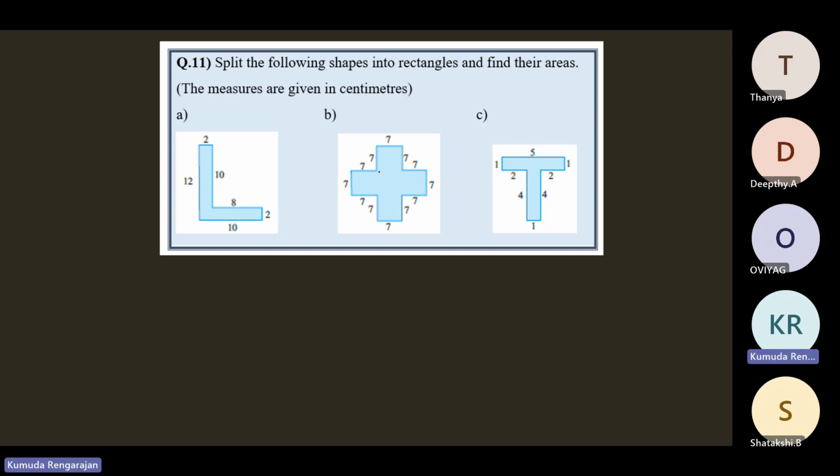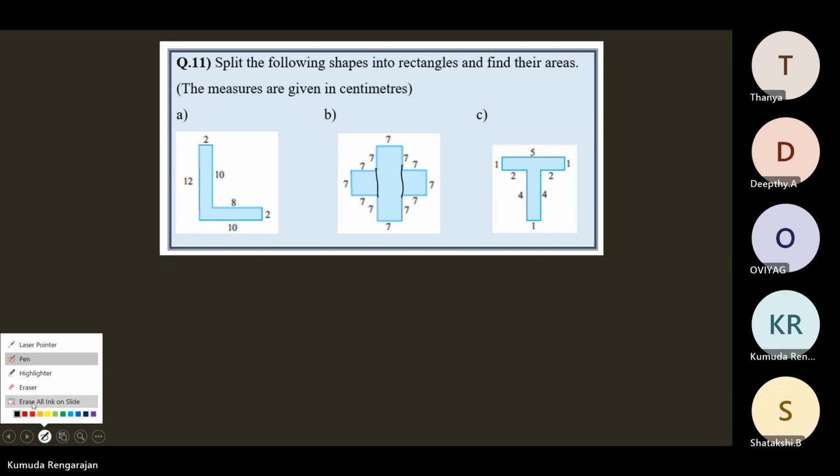Yes, Tanya, how did you divide it like this? I divided it into 5 regions. 5 regions, is it? Yes, ma'am.